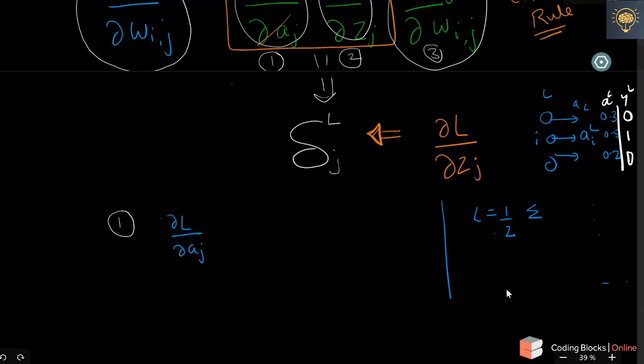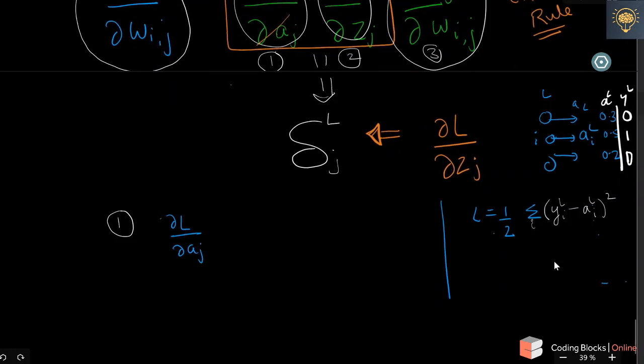The loss function is squared error loss, which we are assuming as of now. So over all the output units i, this is going to be the summation of (Y^L_i minus A^L_i) squared: the true probability minus the activation produced by the final output layer after the softmax, or whatever activation is produced after applying the sigmoid function.